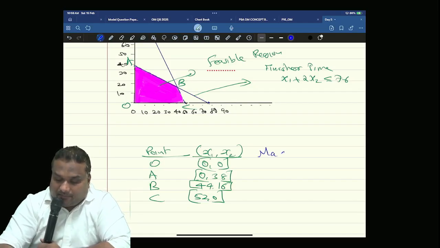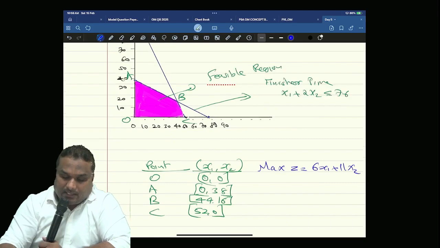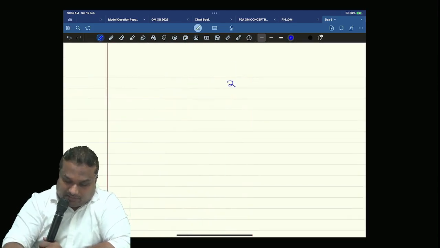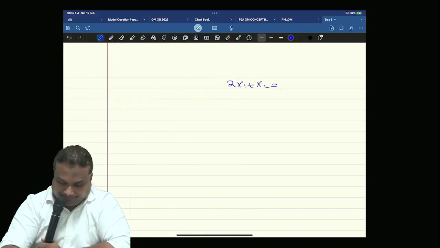Now, we need to maximize the profit, 6x1 plus 11x2. Before that, let me explain how to find that point. Our first equation is 2x1 plus x2 less than or equal to 104. Now put equal to 104, and x1 plus 2x2 equal to 76.